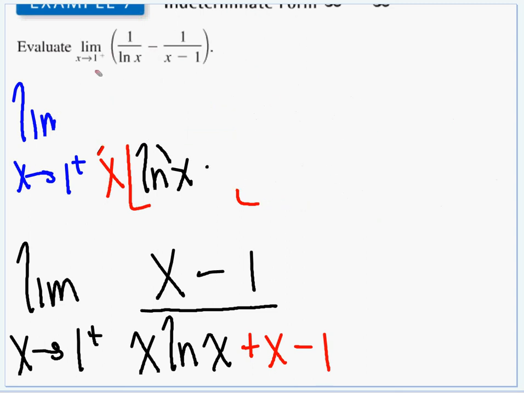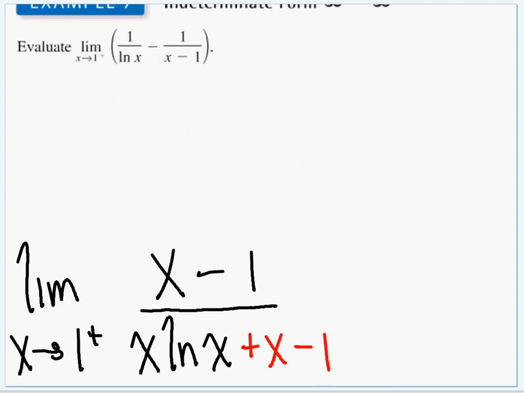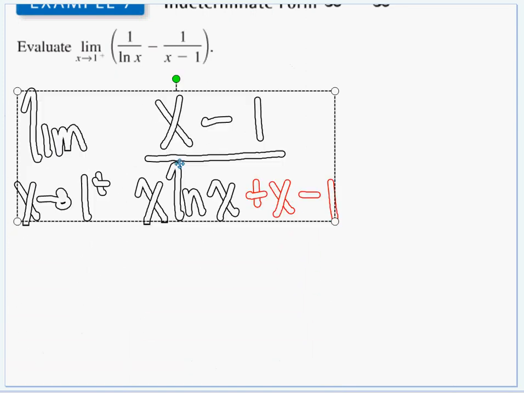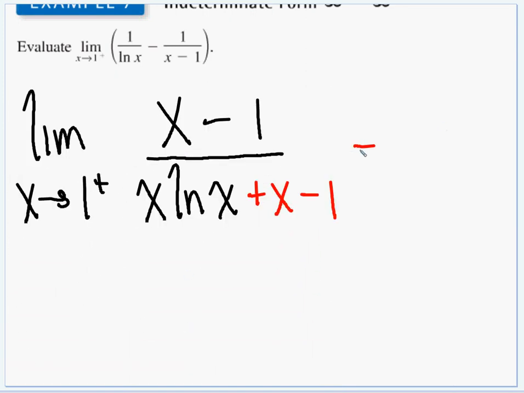Okay, so there, remember now we derived top and bottom, using L'Hopital's, but we have not direct subbed to see if it worked. Now let's try. Sub the 1 in there. 1 minus 1. Numerator is 0. Remember, it's not the end of the world. Let's see what happens in the denominator. This is going to be the ln of 1.